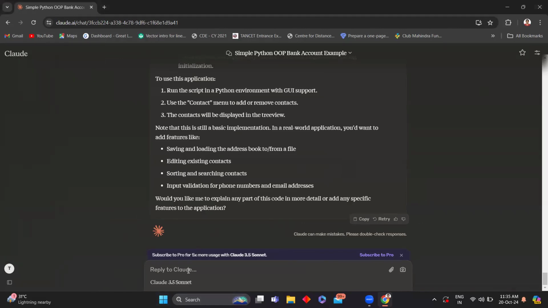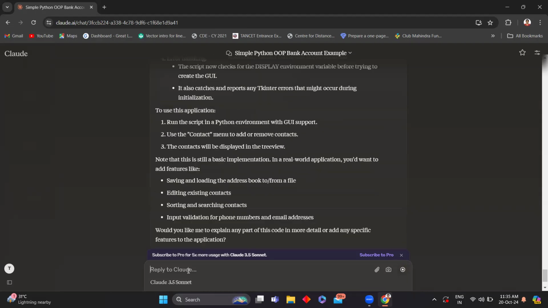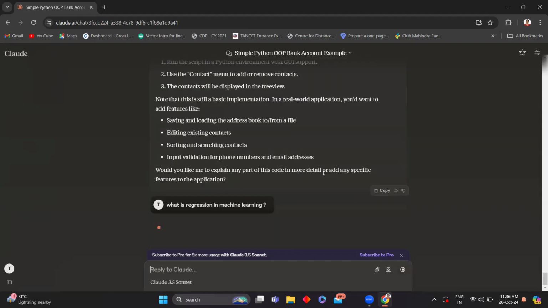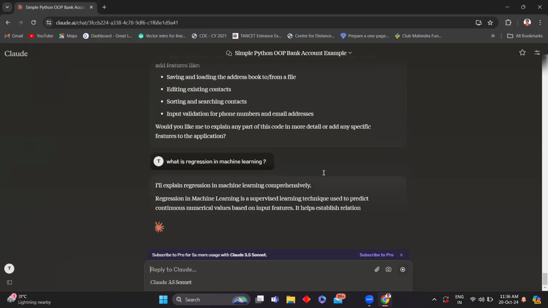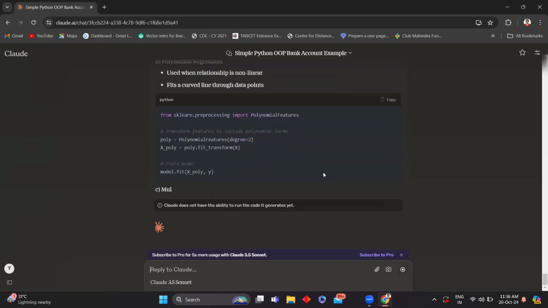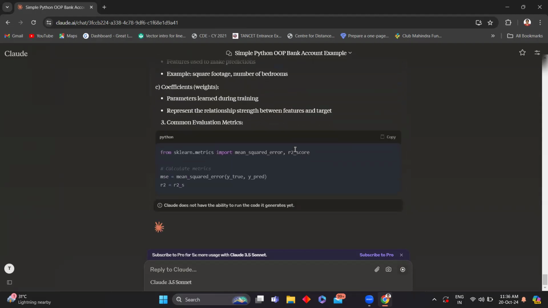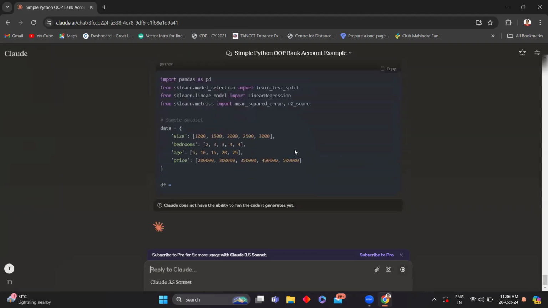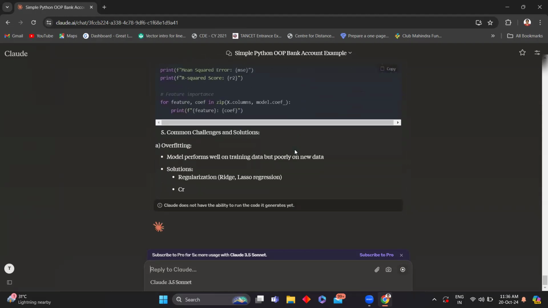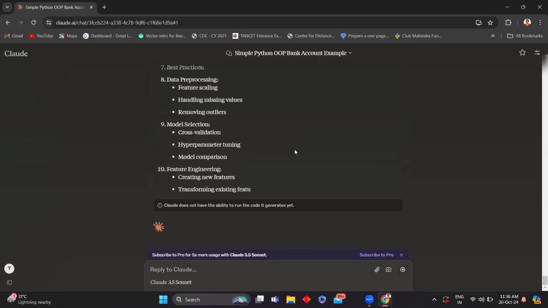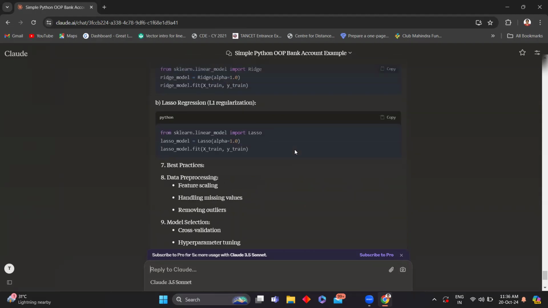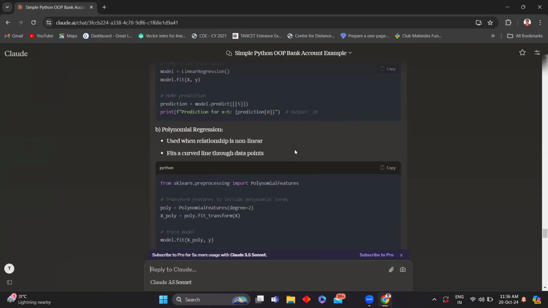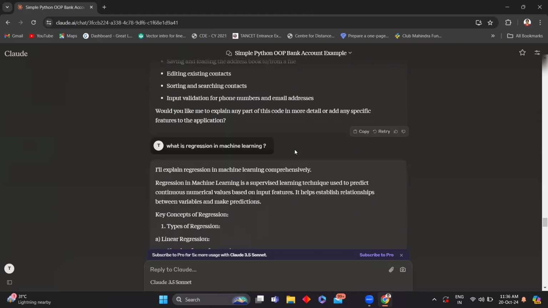Yeah, what is a regression in machine learning? Okay. Just read the definition of regression. Don't worry about the code and other stuff.